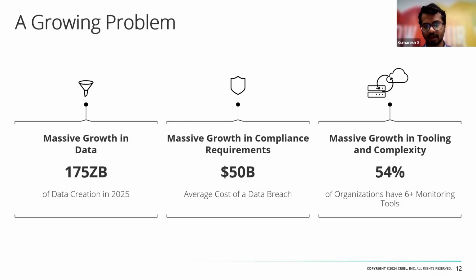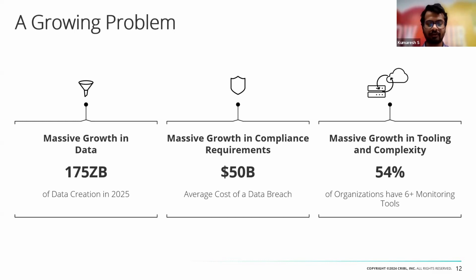The growing problem is that the volume of data has exponentially increased, and it is expected to be 175 zettabytes of data creation in 2025. And with higher data, there are also compliance requirements on having the right data when required and making sure that there is availability of data to handle the compliance requirements.